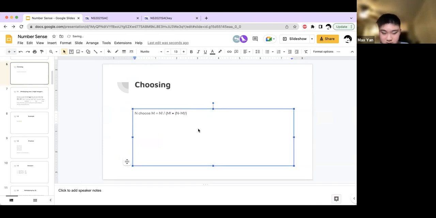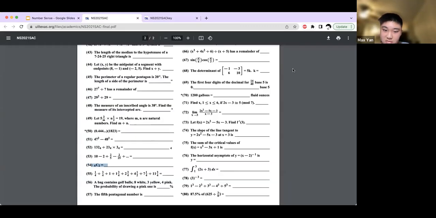Taking this formula into account, 6 choose 2 would be 6 factorial over 2 factorial times 4 factorial. And that would be the answer to question 54.